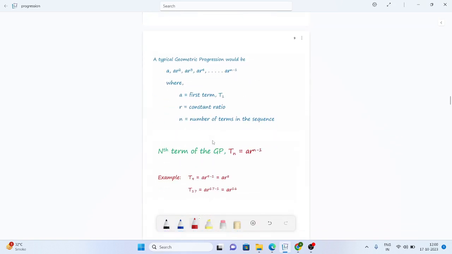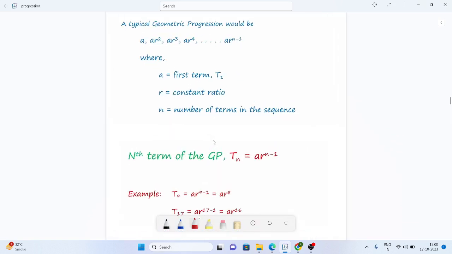Okay. So a typical or general GP is A. Here also first term I take as A. If you multiply by R, it is AR, then again AR square, AR cube, AR to the power 4, up to AR to the power n minus 1. So this is first term, this is common ratio, and n is the number of terms in the sequence.